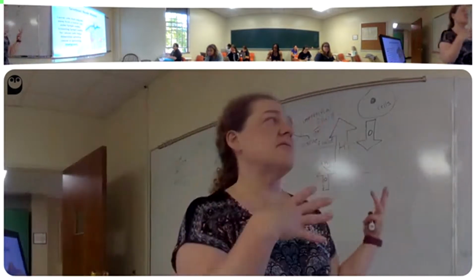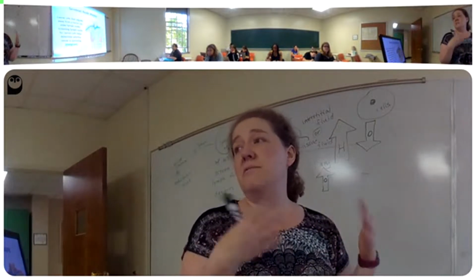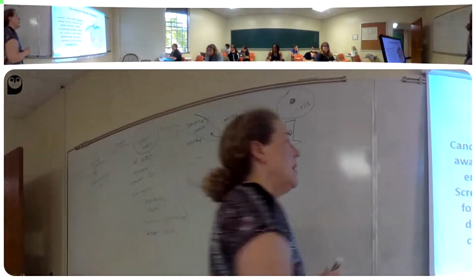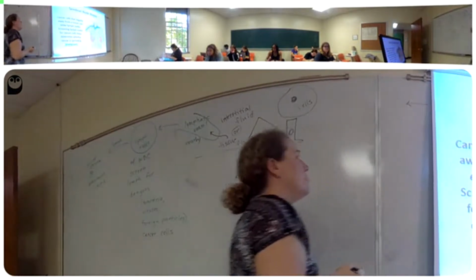If we know that a cancer is in a certain location and we want to know whether it's spreading, is it moving from that spot elsewhere? To do that, we have to determine what is the sentinel node.